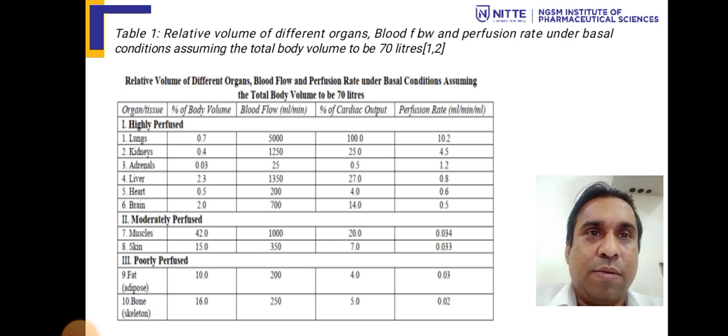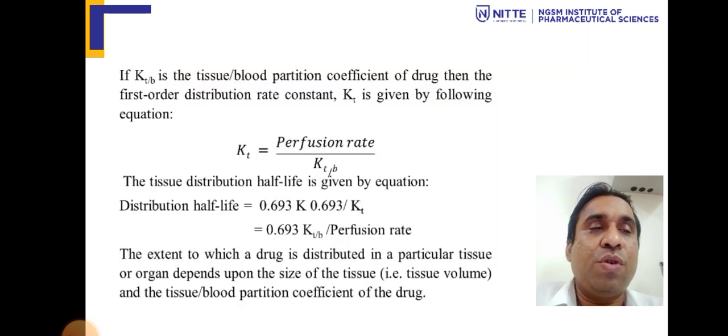So this is the relative volume of different organs, highly perfused, moderately perfused, and poorly perfused, how they behave and what the perfusion rate is. The more the blood flow in the region, the more perfusion and more drug distribution. Kt/b is the tissue blood partition coefficient of the drug, when the first order distribution rate constant K is given as perfusion rate divided by Kt/b.